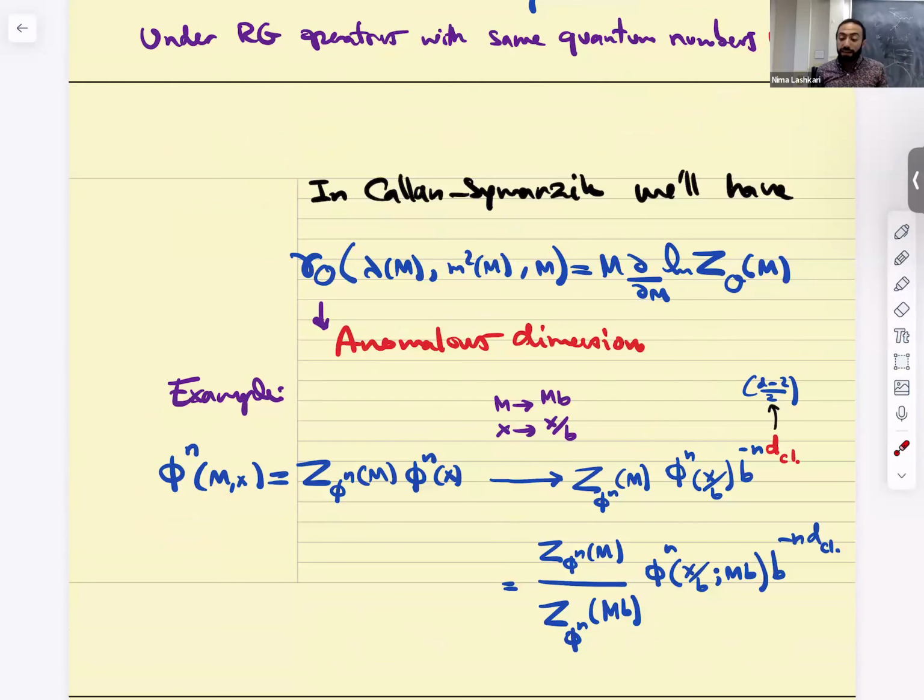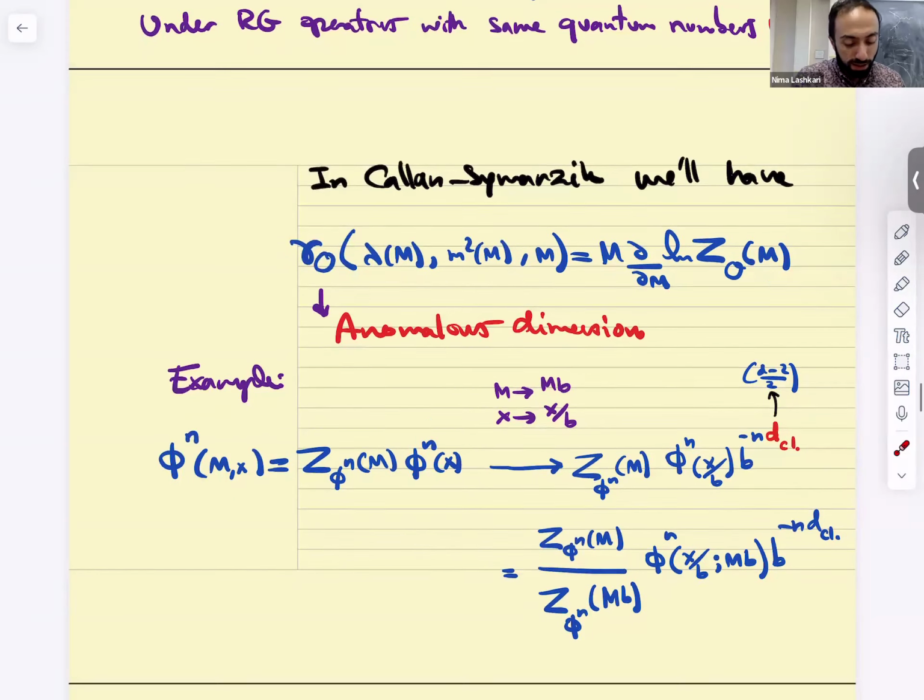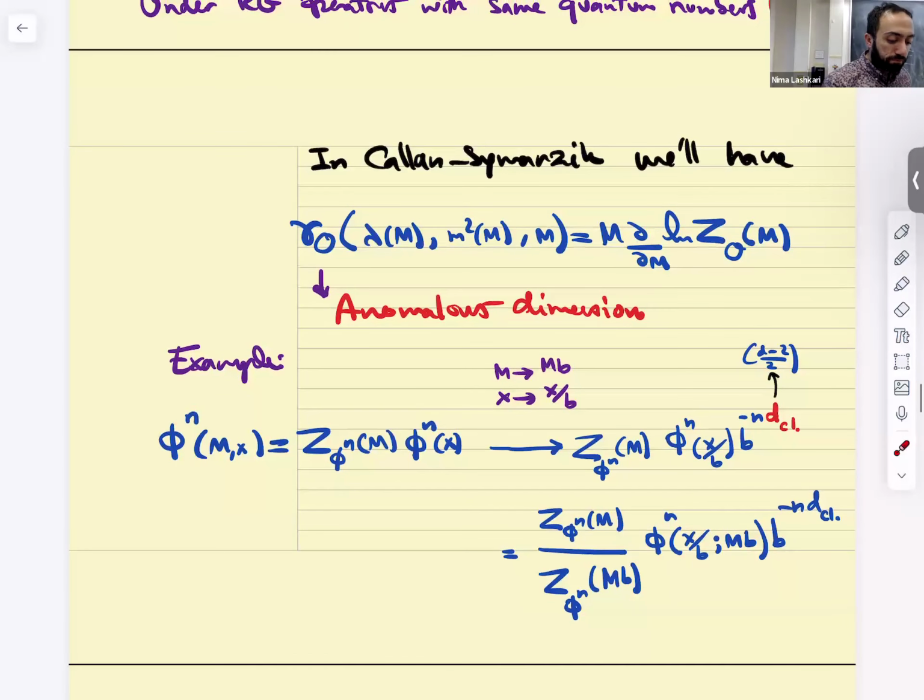Now, similar to Callan-Symanzik, you could write down m del/del m of ln Z of O of m, and that will give you something that depends on the couplings, the masses, and m, and that's called the anomalous dimension of operator O. So now let's go through an example to see why this is called anomalous dimension. Consider operator phi n at point x and defined at scale m.